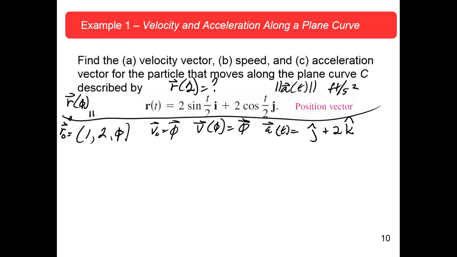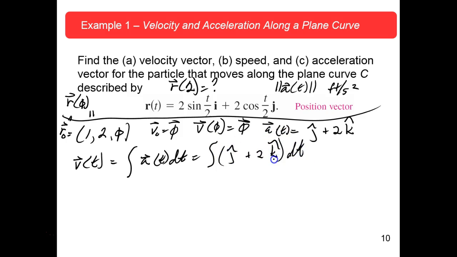If you know acceleration, how do you get back to velocity, position? Antiderivative, perfect, which is the same as an integral, right? So what we'll be doing, first let's calculate the v of t, and that would be the integral of a of t dt, which would be the integral of j plus 2k dt. Beeping is driving me nuts.